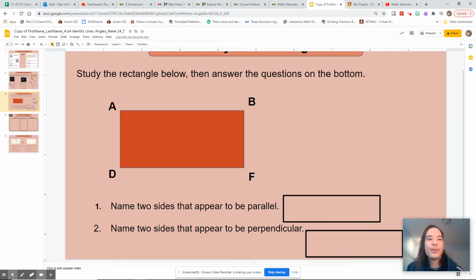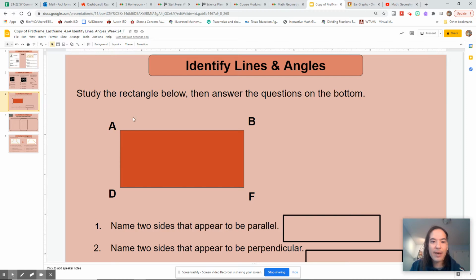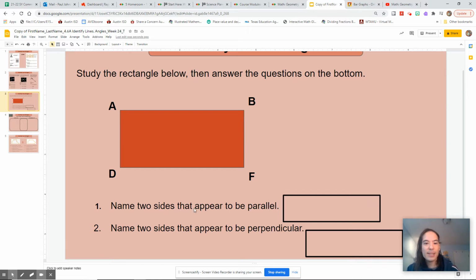Okay, so page 3, study the rectangle below, then answer the questions on the bottom. All right, so we have a rectangle with points A, B, D, F. Name the two sides that appear to be parallel. I don't think that there's any wrong answers on this one. Well, there are some wrong answers, but there's a lot of right answers too.